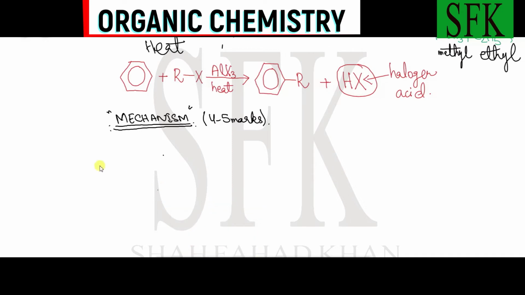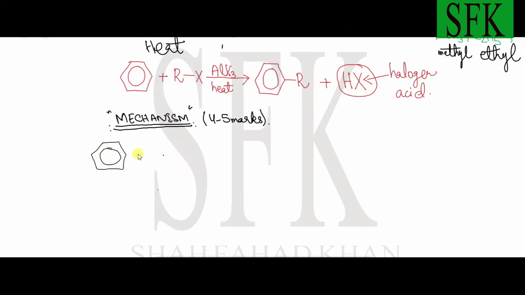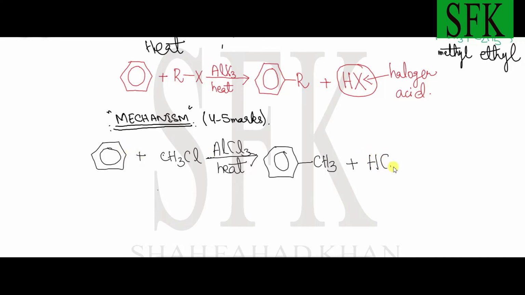Let's take an example now. I have this benzene ring over here, and it reacts with methyl chloride or chloromethane, in the presence of AlCl3 catalyst and heat. The product that we get would be methylbenzene, plus the halogen atom will then combine with the hydrogen atom, forming HCl, the halogen acid.